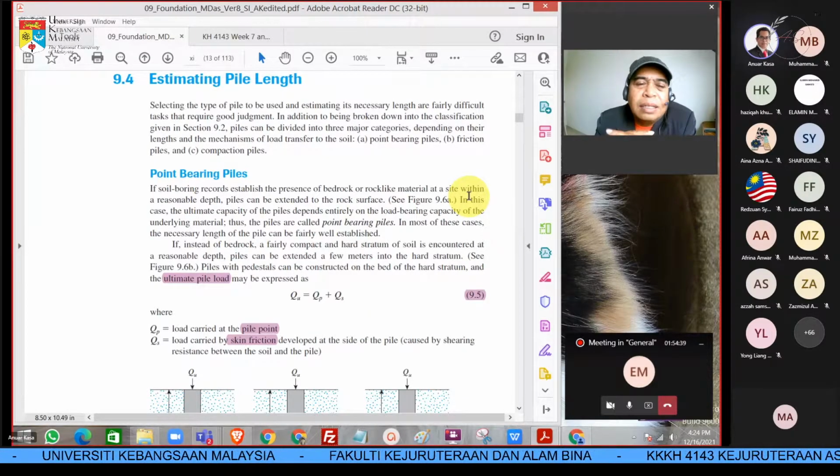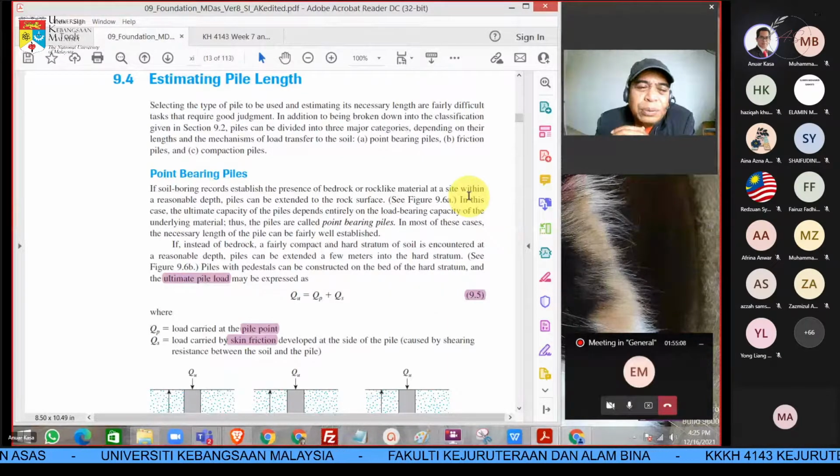Most important for us in construction, we need to estimate the pile length that we need, so that we have enough bearing capacity, or enough ultimate load, that can sustain the structural load.